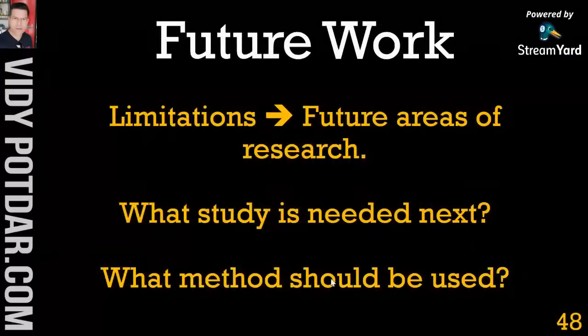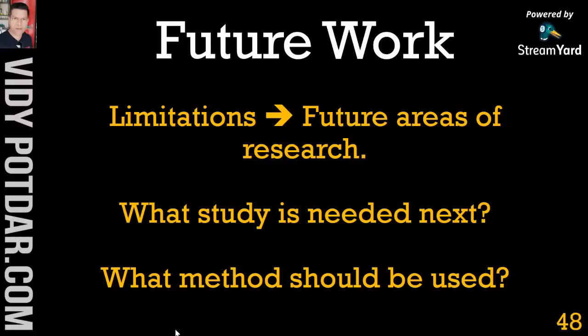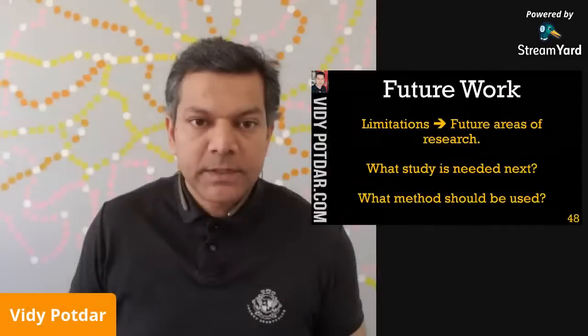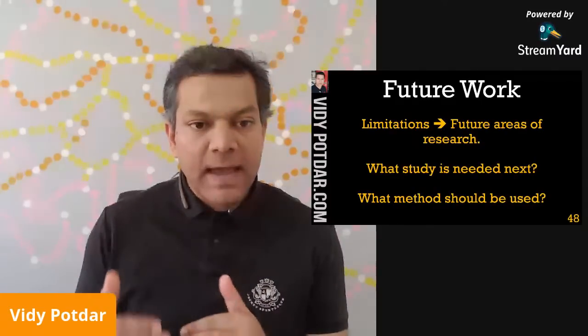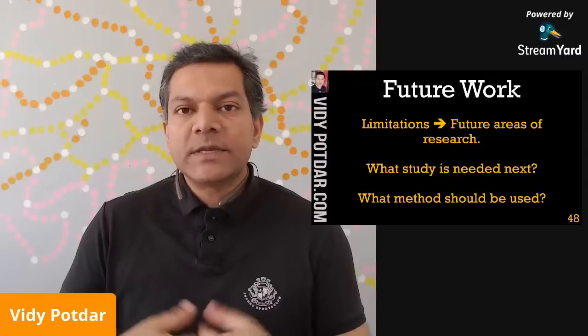Future work. So limitations give you a good idea of how to structure your future work. If you understand your limitations, you can map your limitations with your future work. So that is one way of writing your future work. Another future work is not based on your limitations.